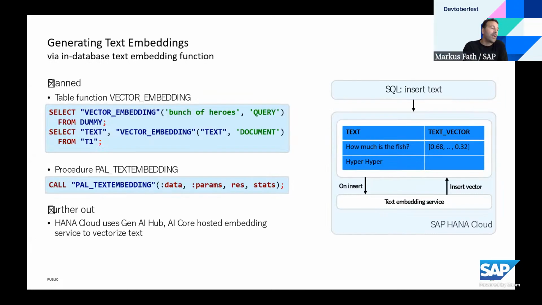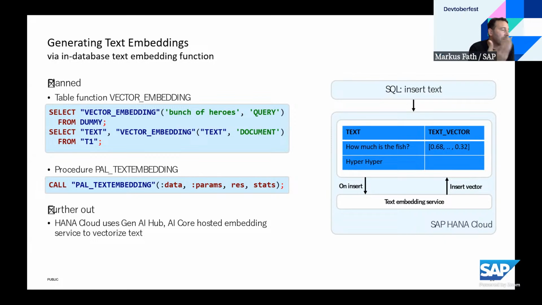What we plan to release in the next QRC of HANA Cloud is in-database text embedding. So there will be a text embedding service tightly coupled to HANA Cloud, which allows you to convert documents or natural language text or queries to text embedding vectors directly in the database. And there will be primarily two ways you can leverage that in-database text embedding service.